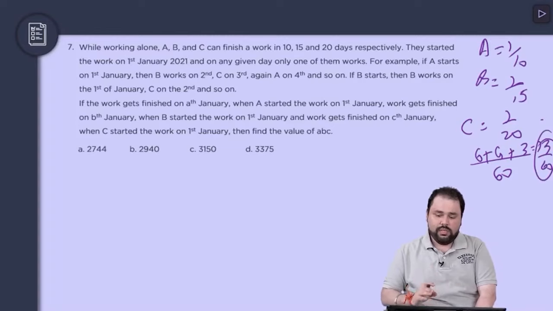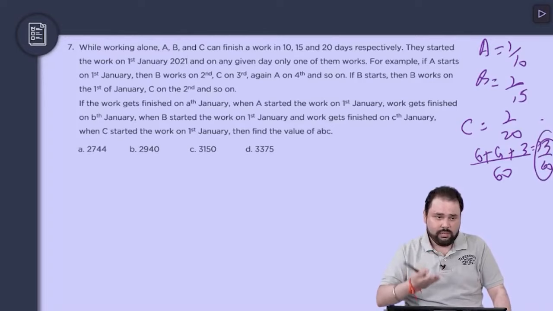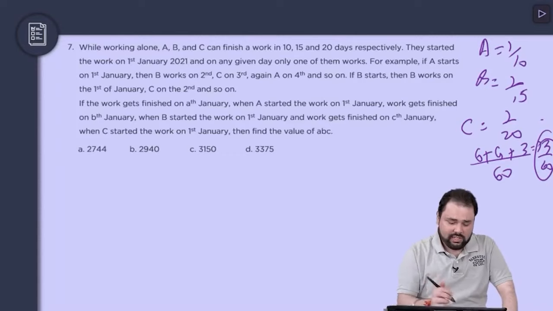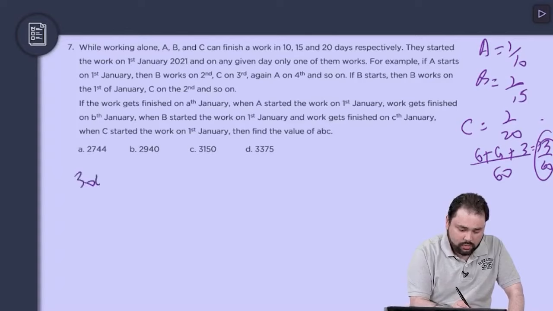So in 3 days, it will be 13/60. Now, irrespective of who starts, if ABC, then 13/60 in 3 days. If CAB, then 13/60 in 3 days. If BCA, then 13/60 in 3 days. So the closest multiple is 13 into 4, 3 into 4, which is 12 days for sure.